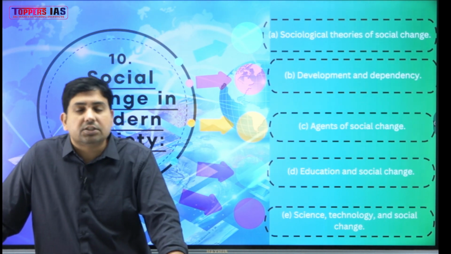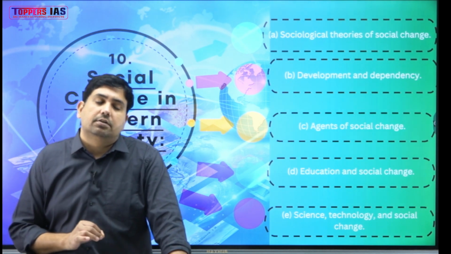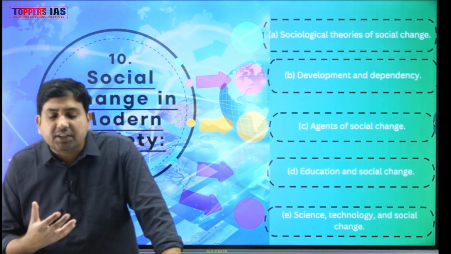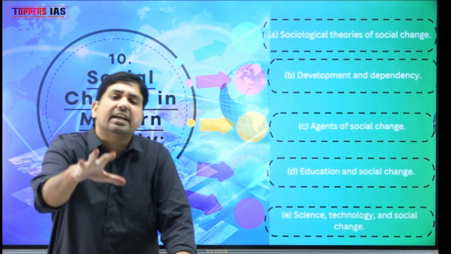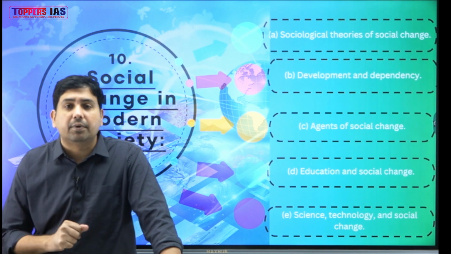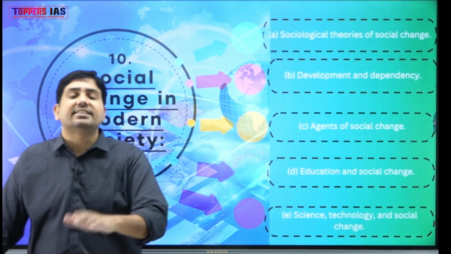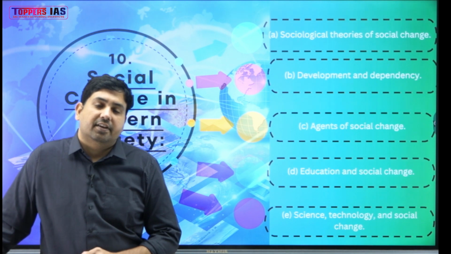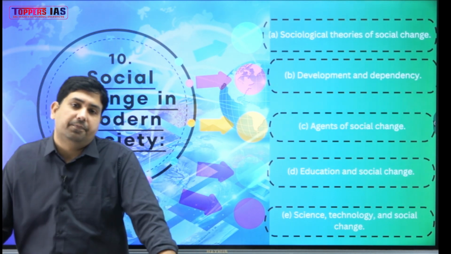Then you have agents of social change. Now what does it mean? It means the forces of change, or say the factors of change, that bring about social change in any society. For example, one agent of social change is science and technology, that new scientific discoveries can revolutionize society.